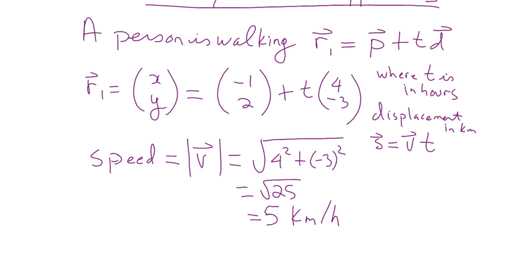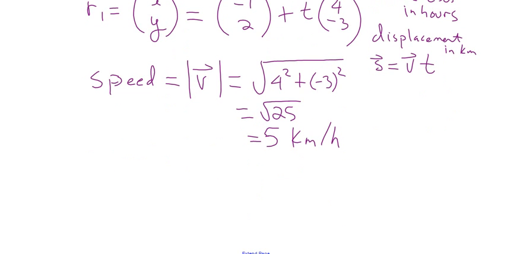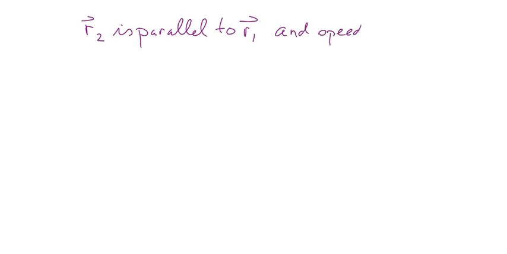Let's say that we go to a new page. Let's say that R2 is parallel to R1, and the speed is 35 kilometers per hour.